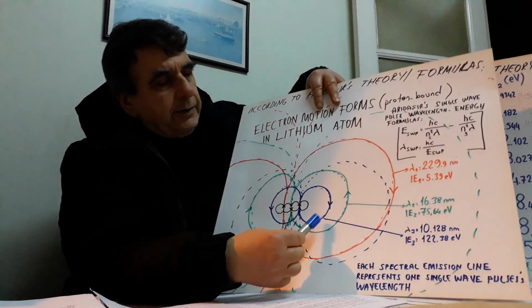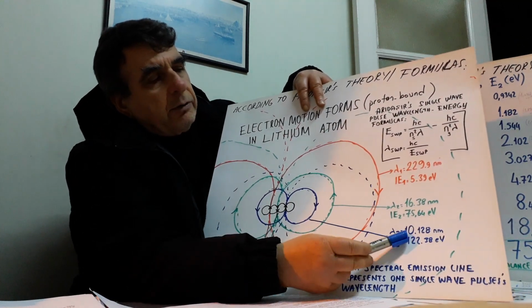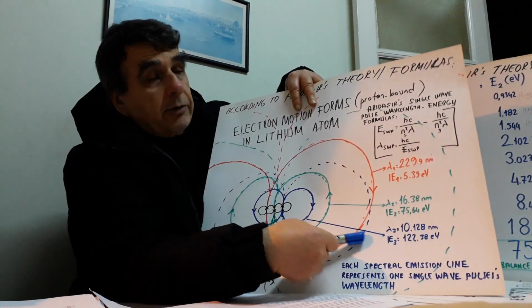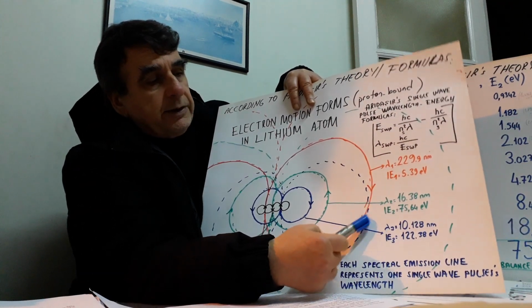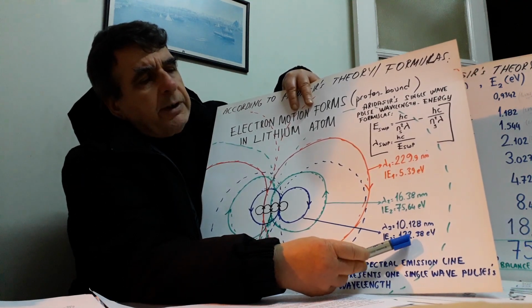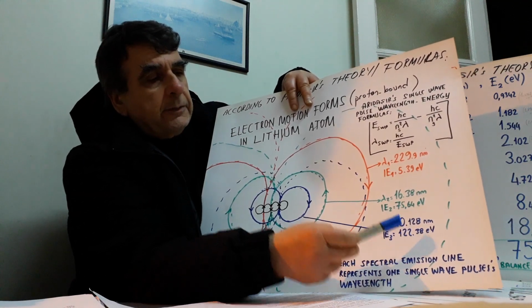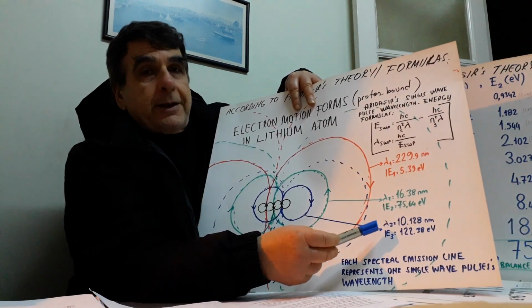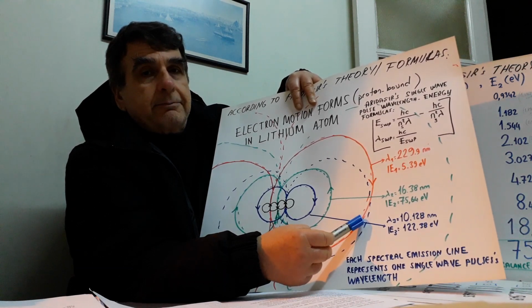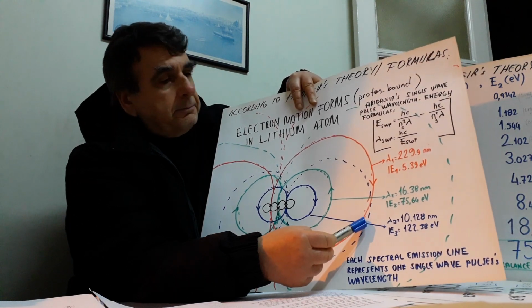For instance, the smallest electron, lambda 3, is equal to 10.128 nanometer. Its corresponding energy is 122.38 electron volts. This is the last ionization energy of lithium, the third ionization energy of lithium.